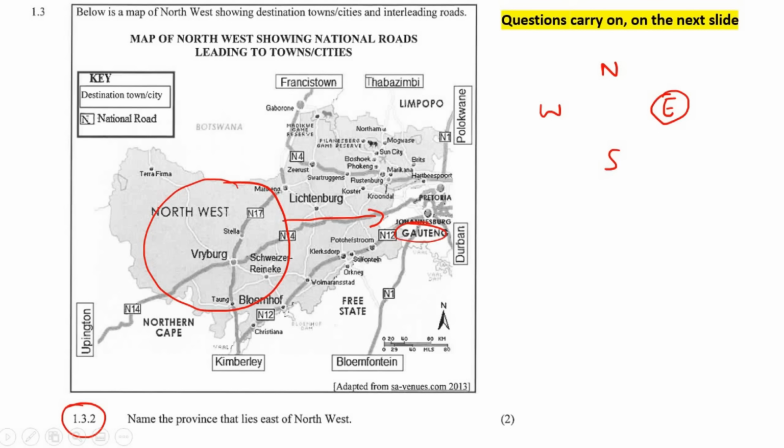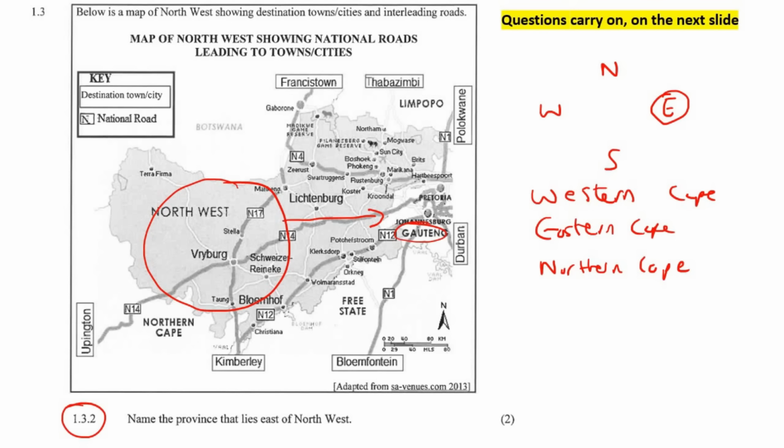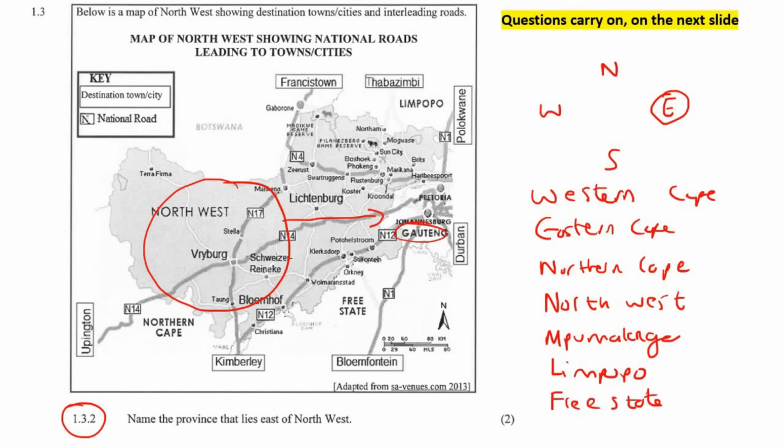For your own information, remember South Africa has 9 different provinces. That would be the Western Cape, Eastern Cape, Northern Cape, Southern Cape. Okay, that was a joke. Northwest, Mpumalanga, Limpopo, Free State, KwaZulu-Natal.